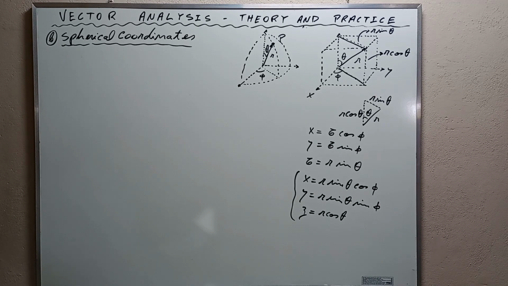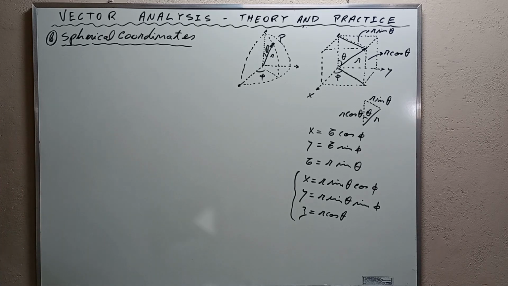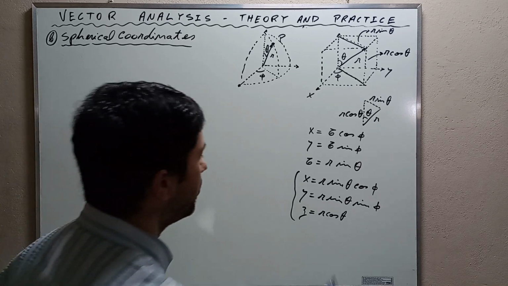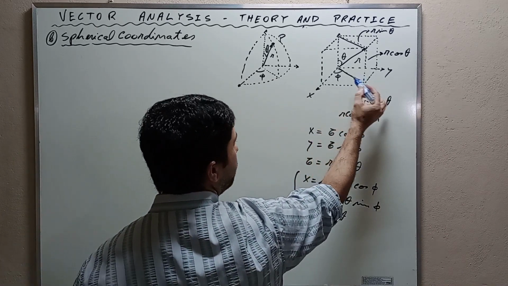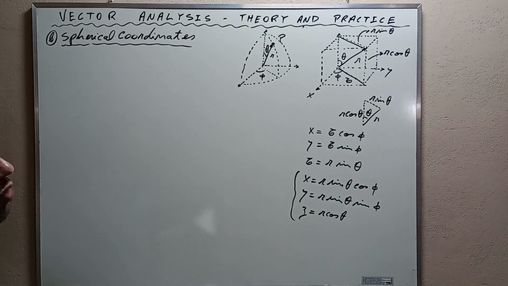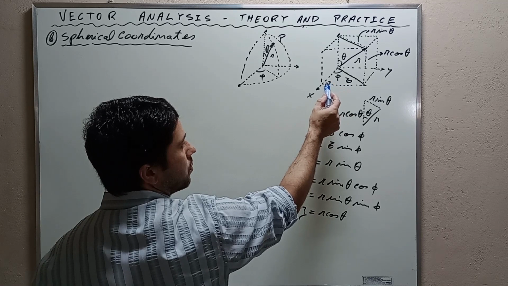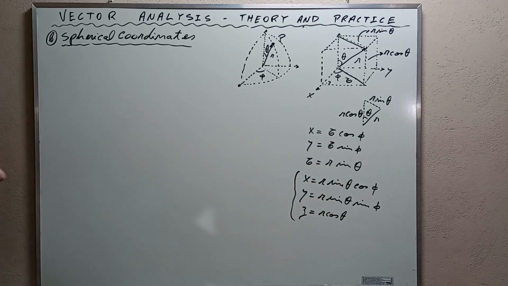Now, what if we have the Cartesian and want to convert to spherical? That's a good question, isn't it? Let's remember this tau here, which I'll put here. How do we express tau in terms of x and y? Tau is the hypotenuse of this right triangle here.